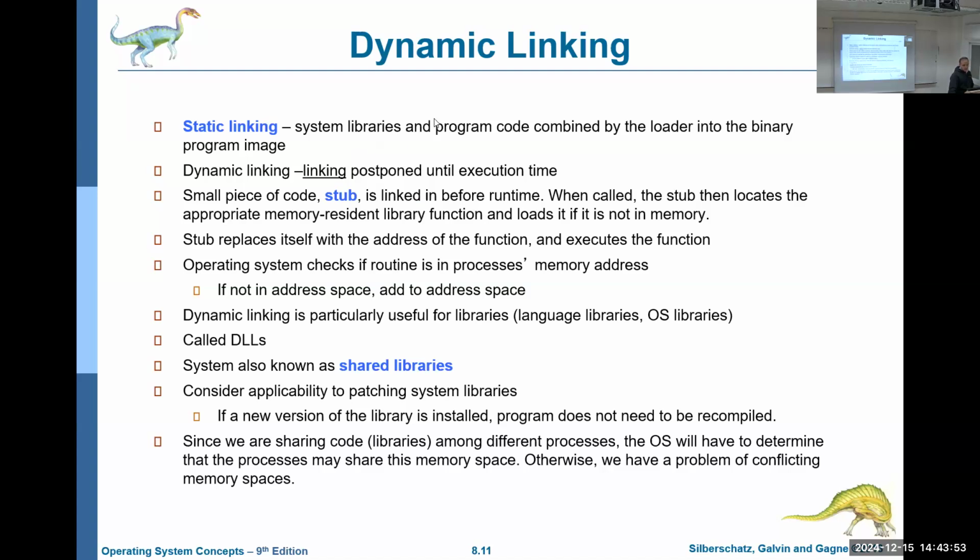We can continue that idea and have something called dynamic linking. So what is static linking, first of all? Static linking is that system libraries and the program code, like if I do an include of iostream, and my program itself, all that code is combined by the loader into a single binary program image.